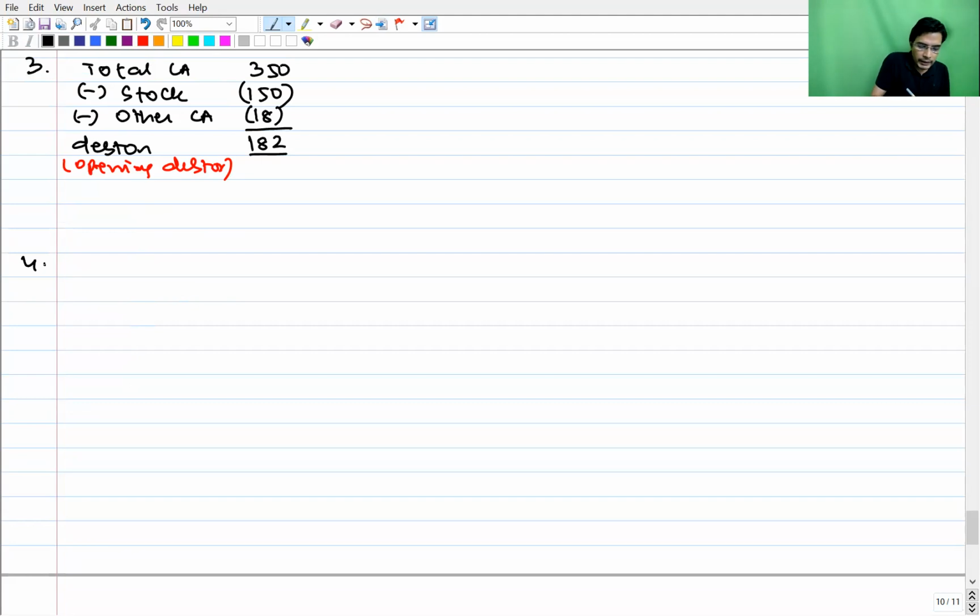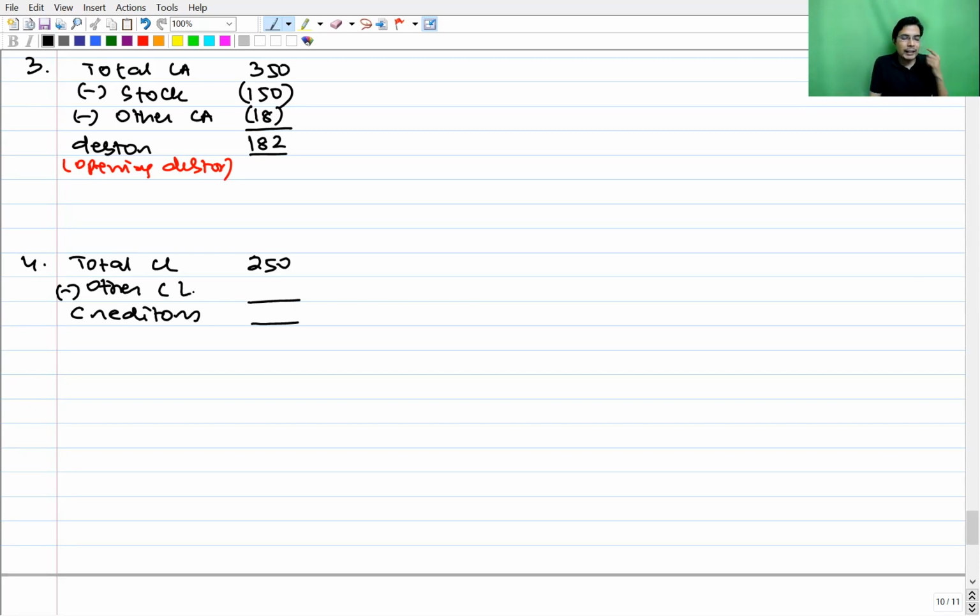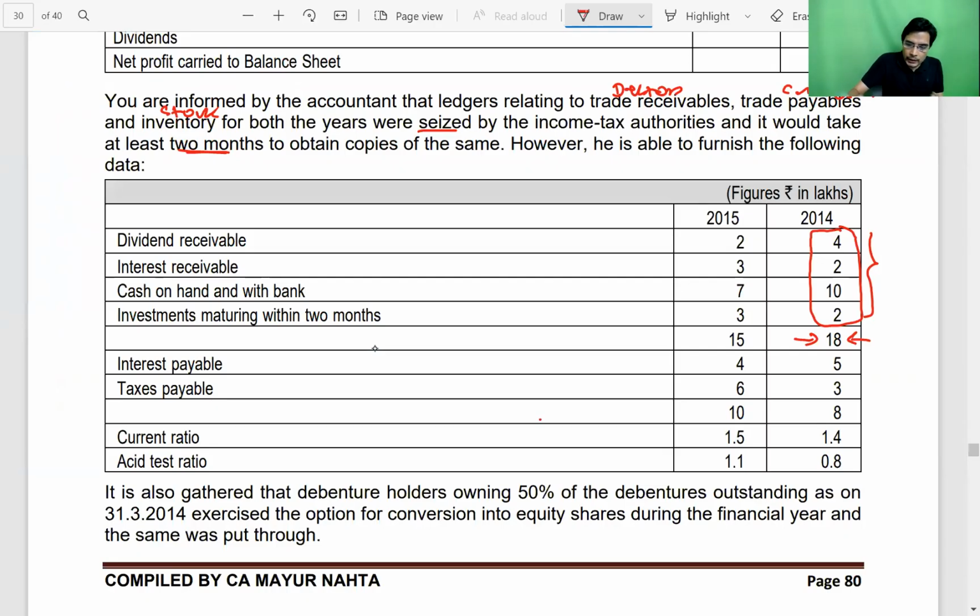The last point, from the total current liability, if you minus all the other current liabilities except creditors, you will get the creditor's value. Now, the term current liability includes not only creditors, it includes a lot of other stuffs also, like outstanding expenses, interest payable, and taxes payable.